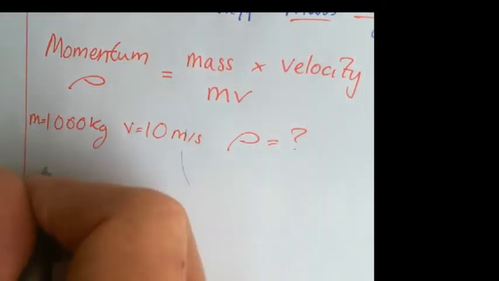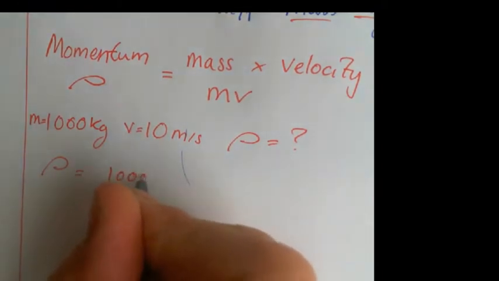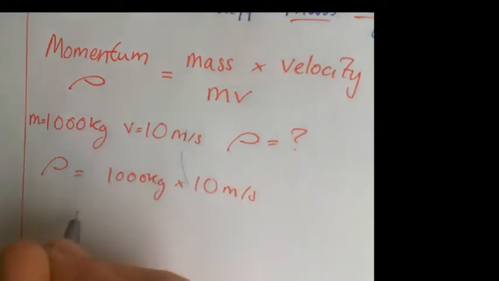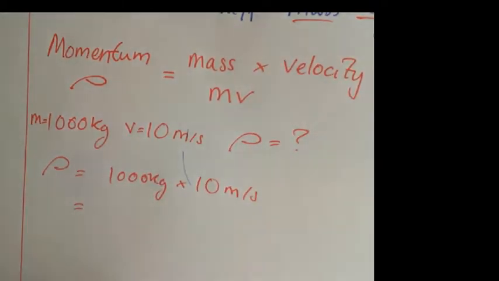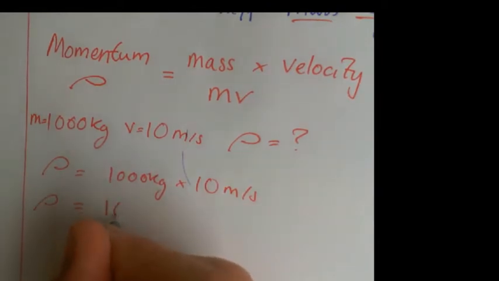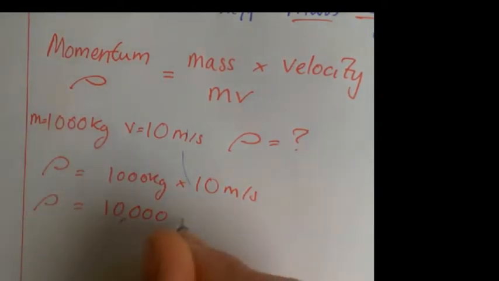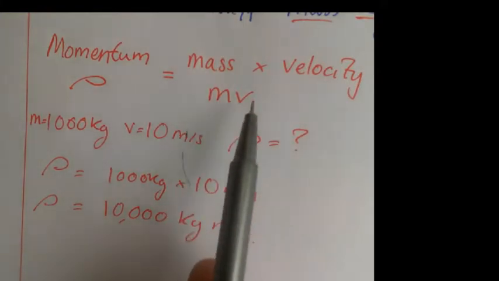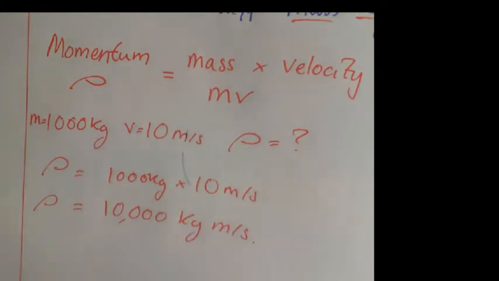Well, we can say that the momentum equals 1,000 kilograms times 10 meters per second, which means that our car has a momentum of 10,000 kilogram meters per second. And you'll see that what I did there was I just combined the two units above because I'm combining the two factors. Okay, so that's it in its most basic form.